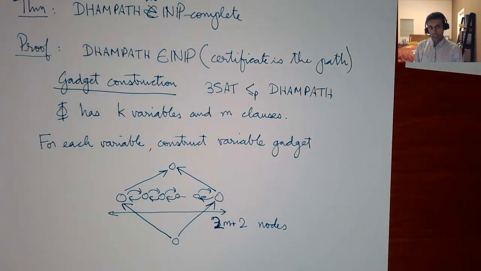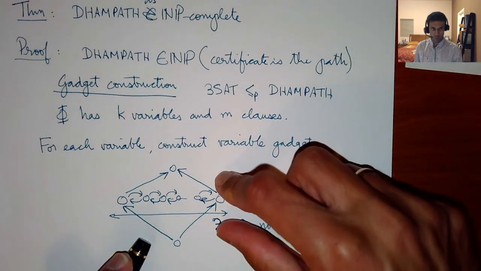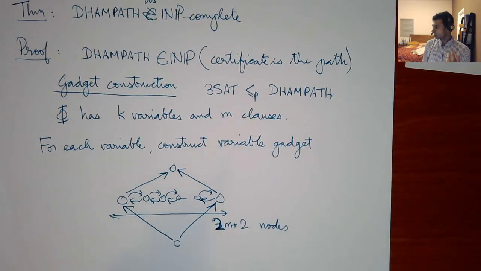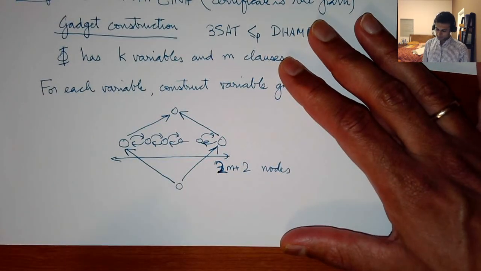This is very clever. We're going to use the fact that there are two Hamiltonian paths within this little gadget to encode whether a variable becomes true or false. So this is what you do for each variable.